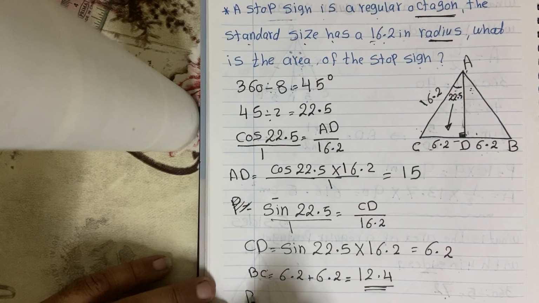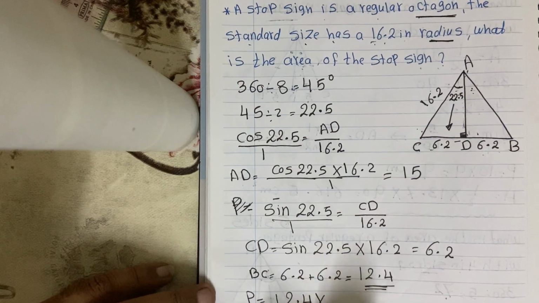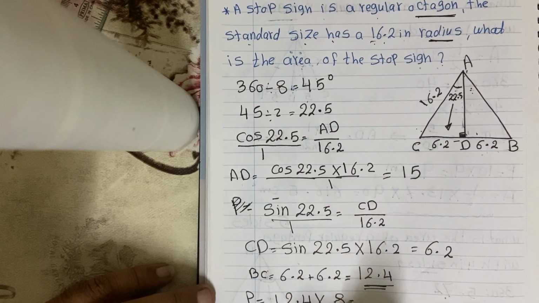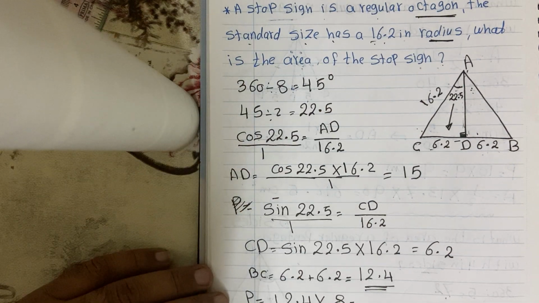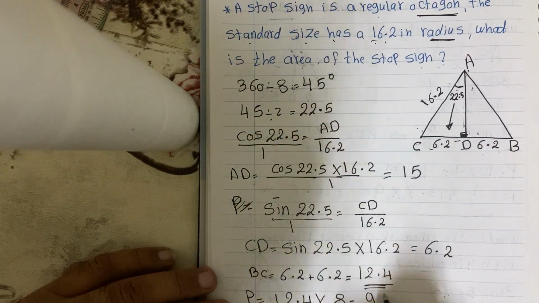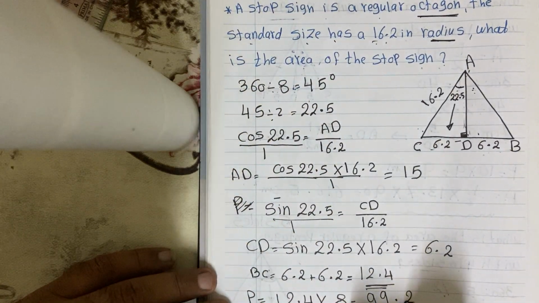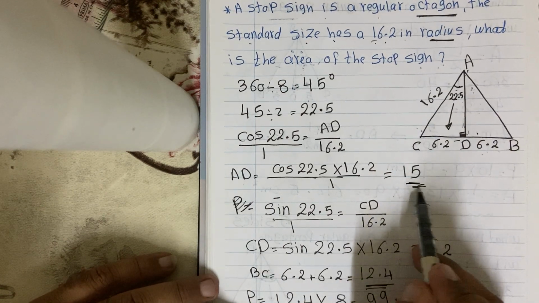I can find the perimeter: multiply 12.4 times 8 because it's an octagon. 12.4 times 8 is 99.2. Now we have the perimeter and the apothem.